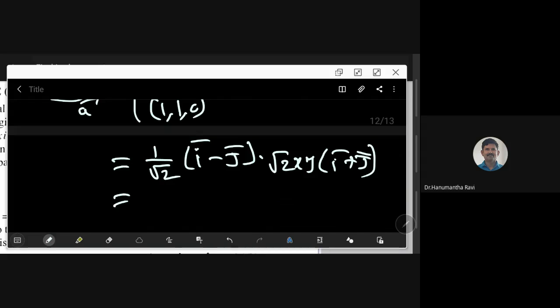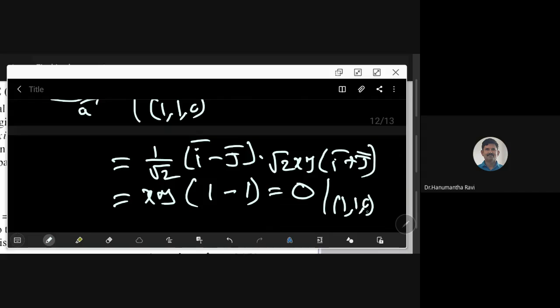So you have xy, and i bar dot i bar is 1 minus 1, so you are getting 0 here.